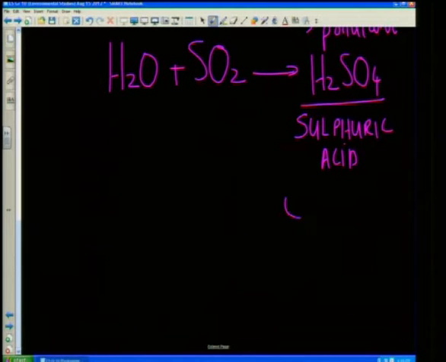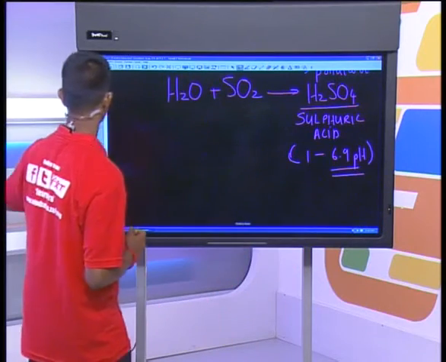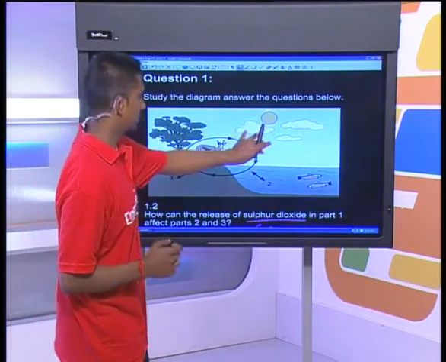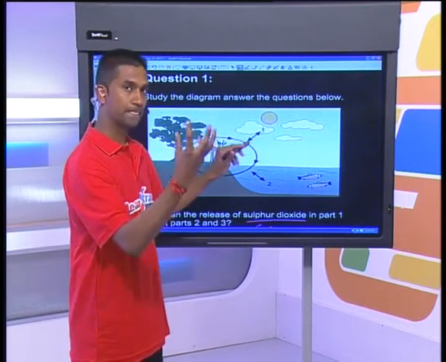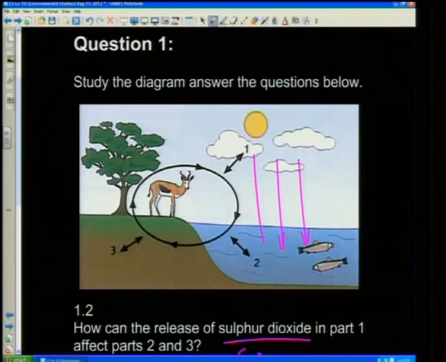So what would the impact of an acid be? Acids obviously would have a pH of 1 to 6.9. An acid could be strong or it could be weak. So what happens with sulfur dioxide as it gets into the atmosphere? The sulfur dioxide plus the water in the atmosphere form sulfuric acid, and that then enters into the water bodies, polluting the water bodies, and enters into the ground, polluting the ground.